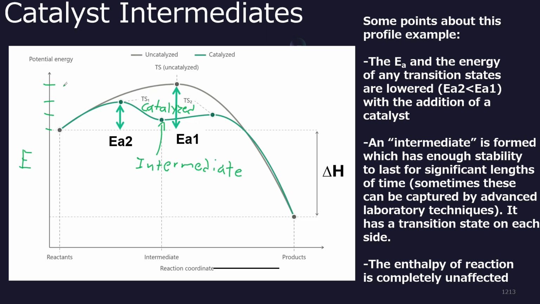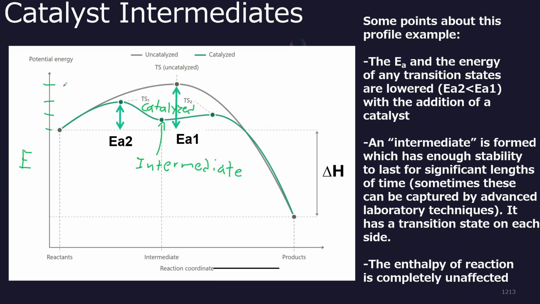My points on the right side here: the EA and the energy of any transition states are lowered with the addition of a catalyst. Overall, EA1 with the uncatalyzed reaction is quite large. EA2 is just that first hump in the catalyzed reaction. It's much lower than EA1. Then an intermediate is formed which has enough stability to last for significant lengths of time.